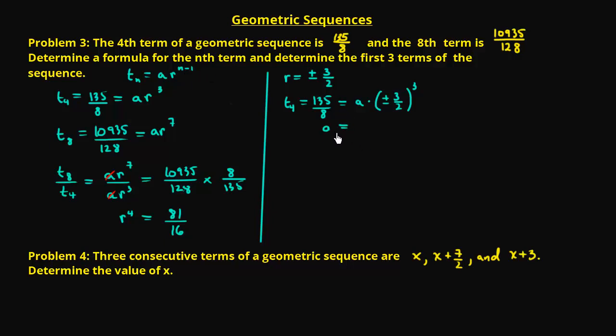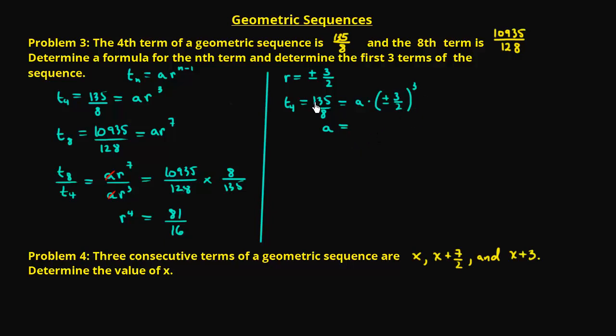When you raise it to the power of 3, if it's negative, it's going to be a negative number, and if it's positive, the cube of a positive number is going to be positive.